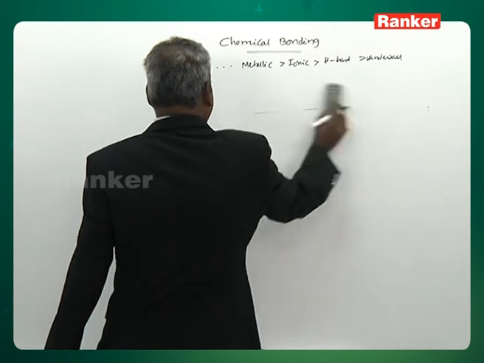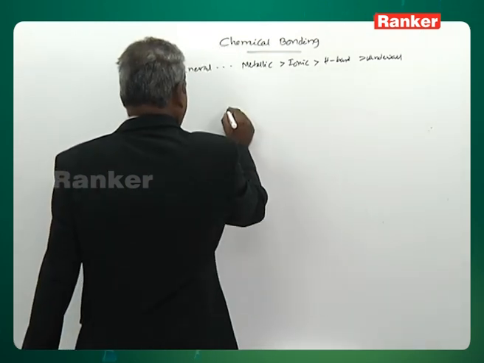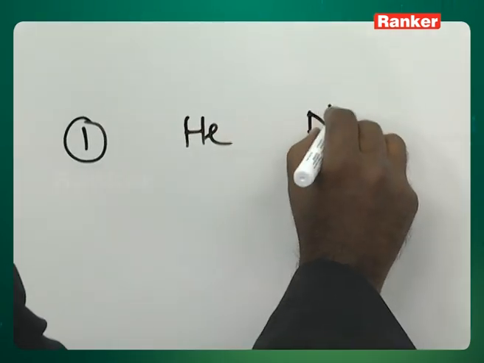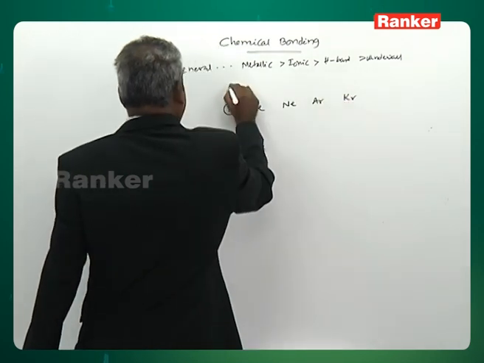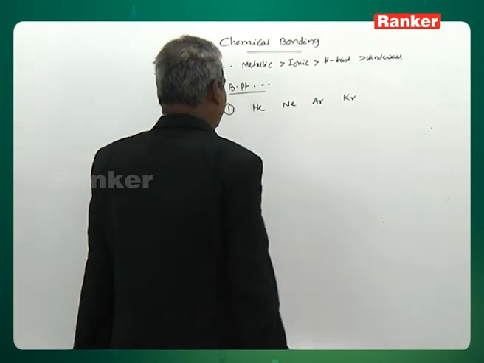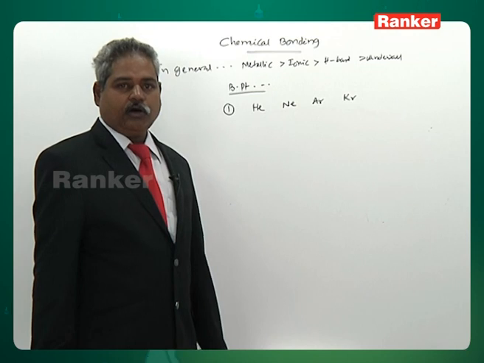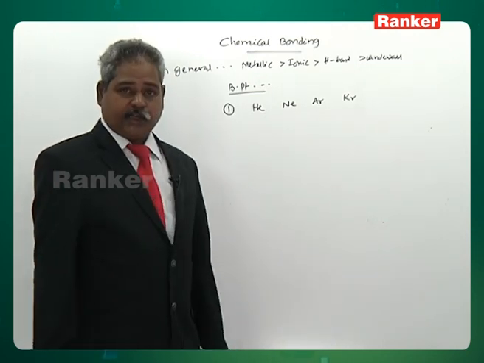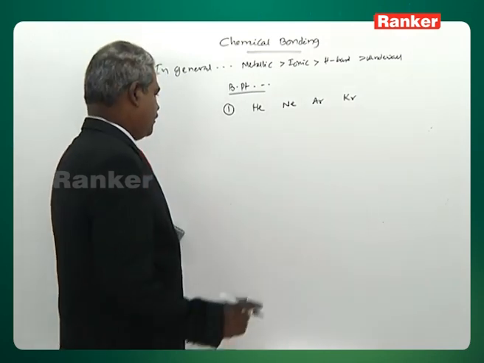So, if you are asked to compare the boiling points of the same set of elements, look here. Helium, neon, argon, krypton: boiling points of these. How to compare them? Are they metals? No. How to find out which are metals? Very simple.